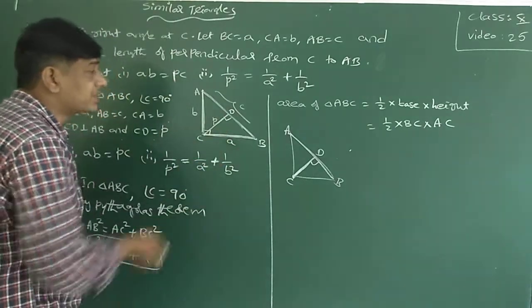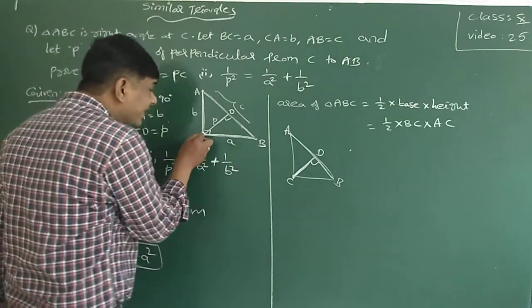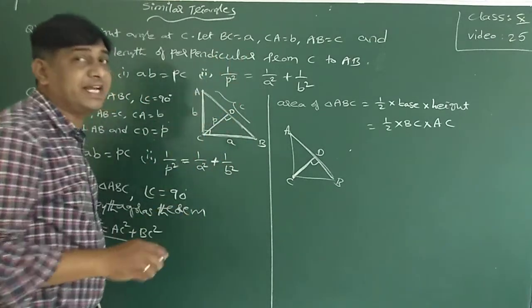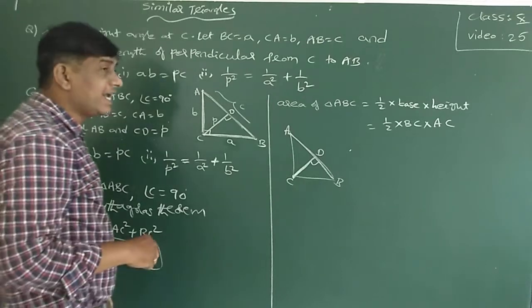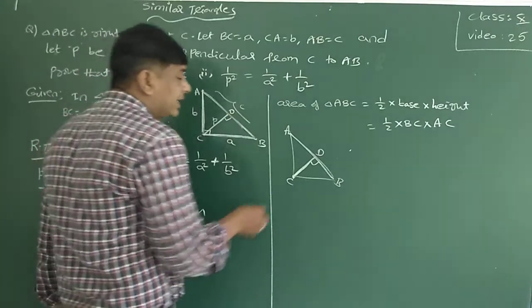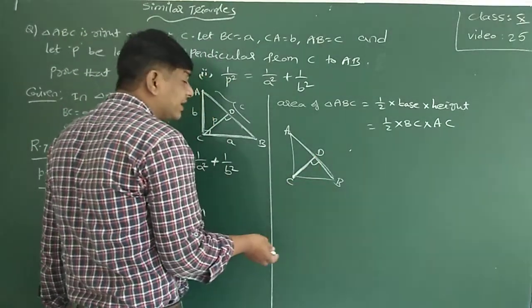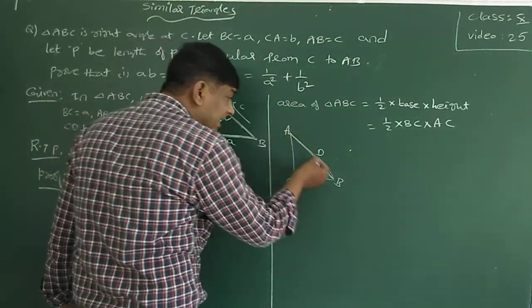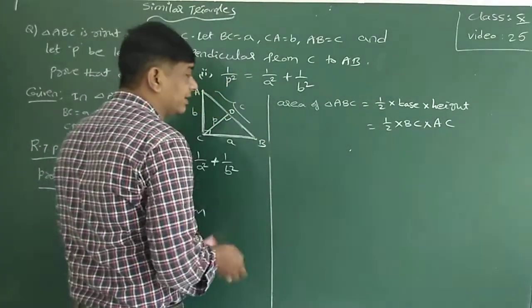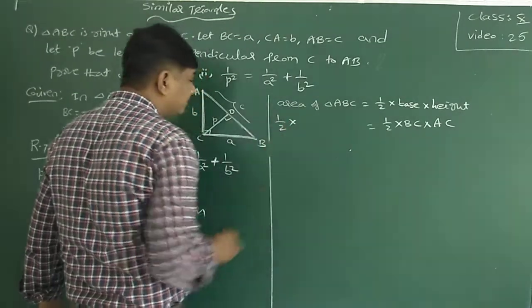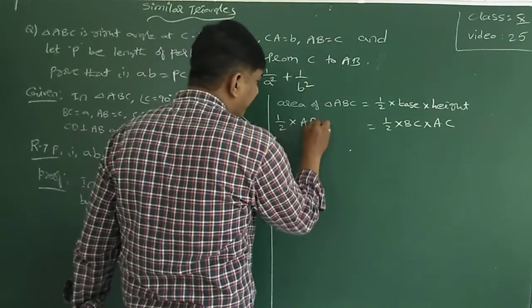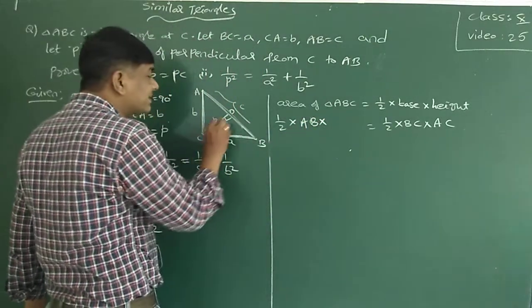Same triangle ABC. If I consider CD perpendicular to AB, meaning CD is the altitude, then the base is AB and CD is the height.